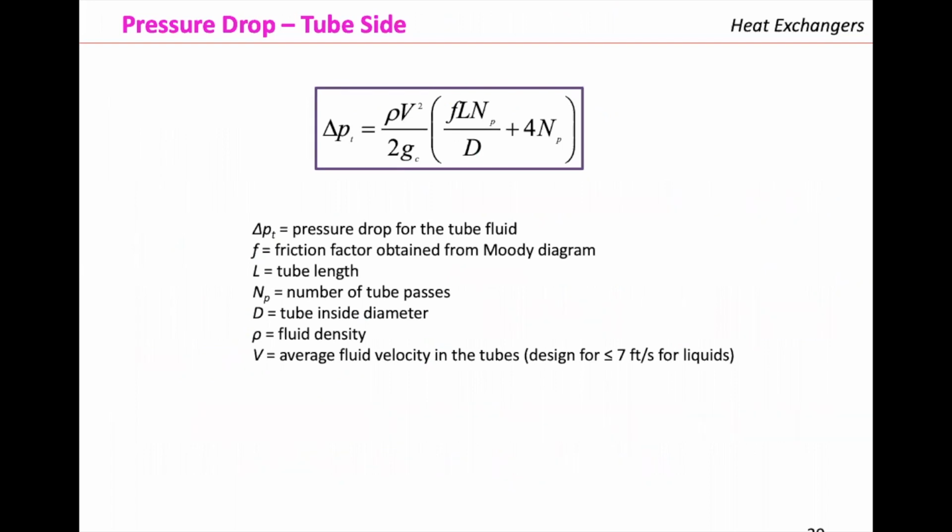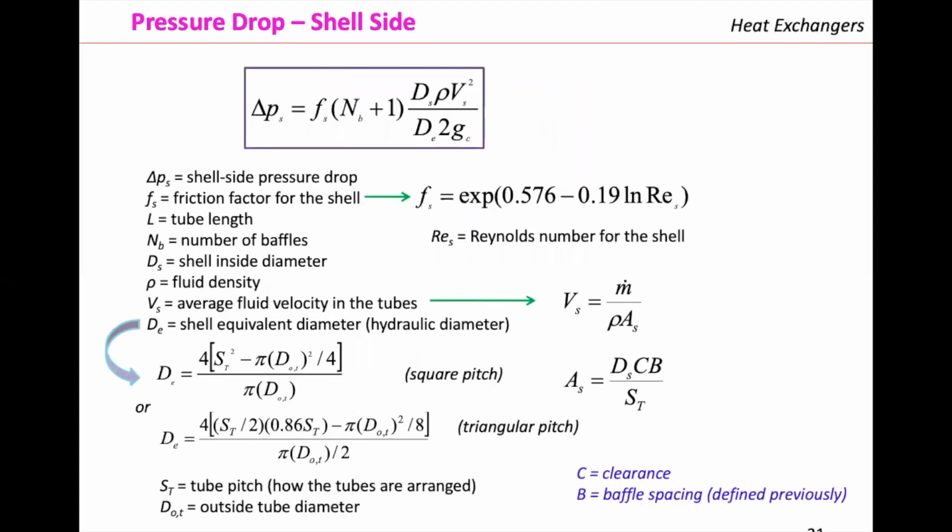There are some other equations that you can find in different design books, but this is a good one that can help you to calculate the pressure drop in the tube side, where F is the friction factor, L is the tube length, MP is the number of tube passes, D is the inside diameter of the tube, rho is the fluid density, and B is the average fluid velocity in the tubes. So these equations, you have them in the textbook chapter I sent to you.